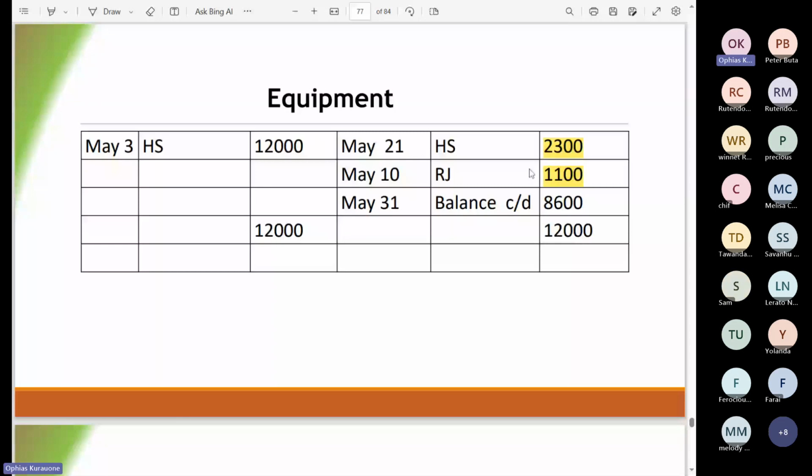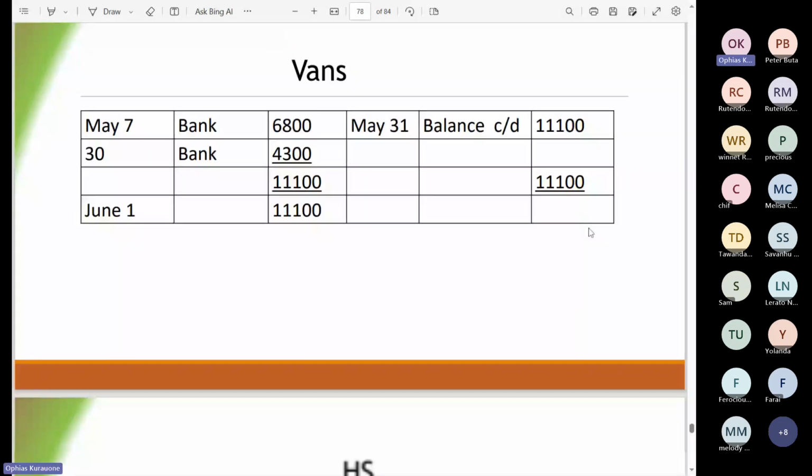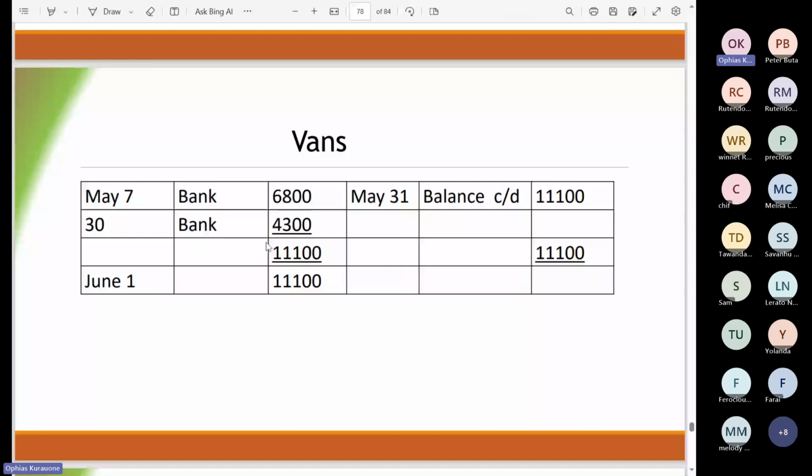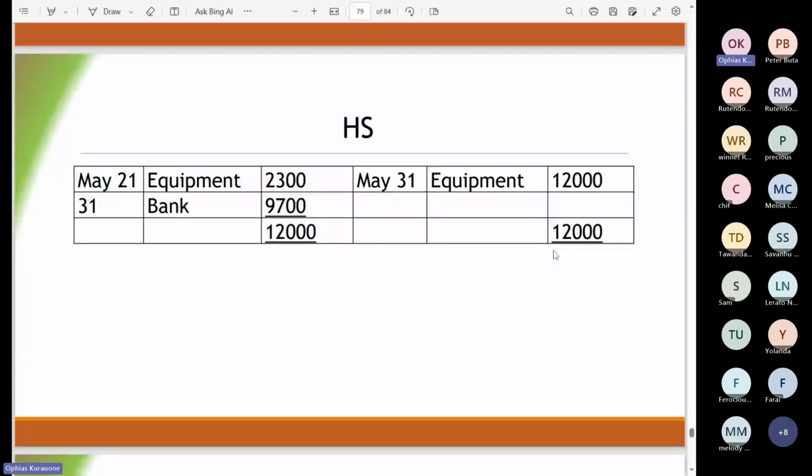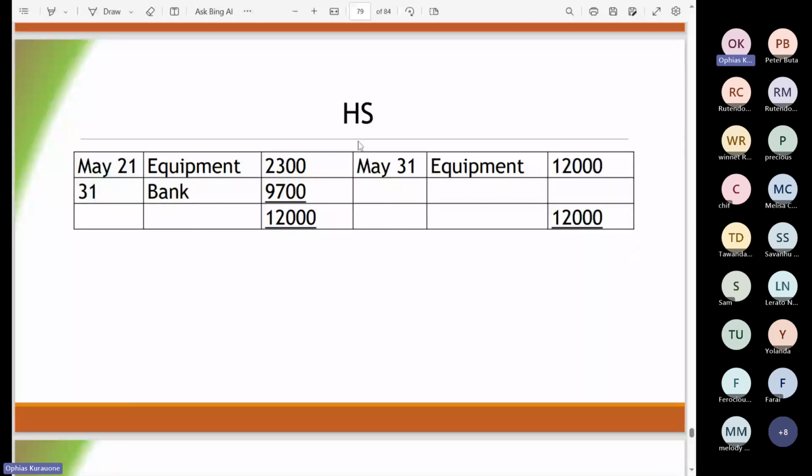So you need to record those transactions according to the date. Then you bought twice, so you, as an asset, go to the debit, then the figure here, the balancing figure. That's what we want. Equipment, HS we write it because HS gave us, at first you bought the equipment 12,000.